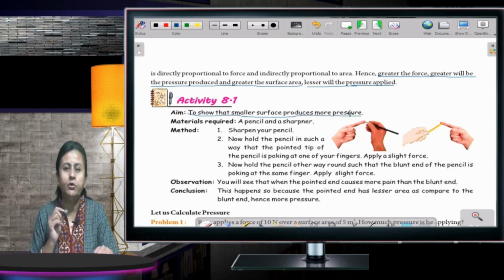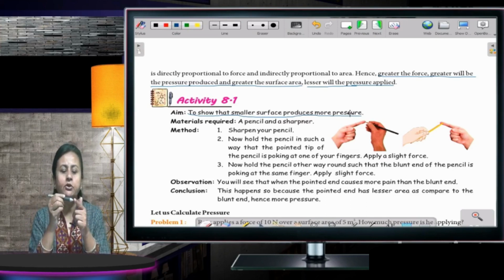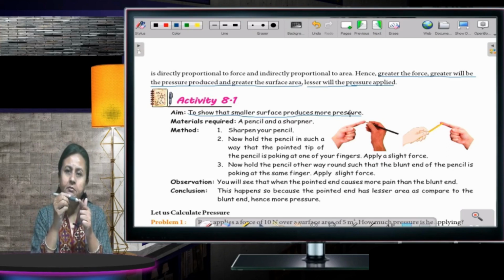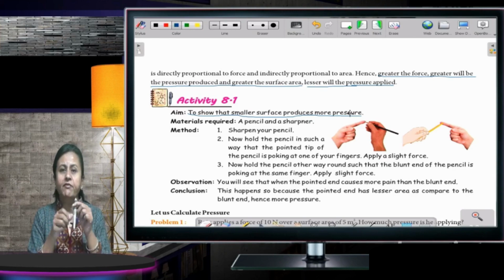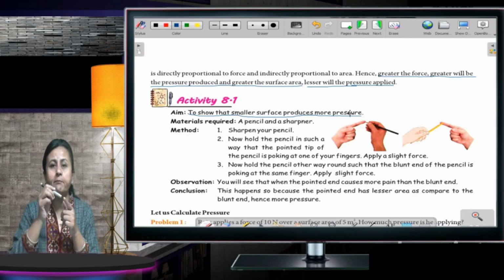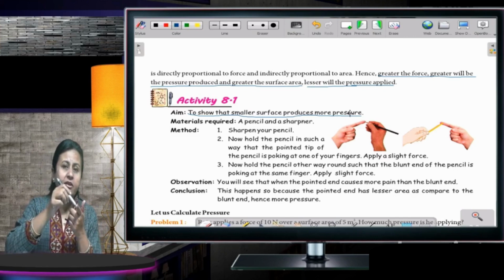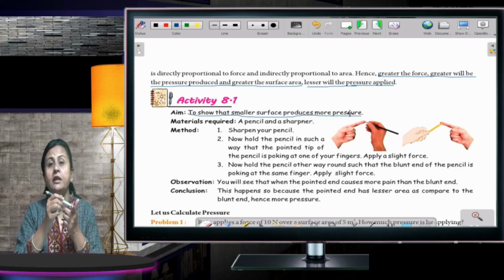Take a pencil, like I have got a pen in my hand right now. This is the pointed part. I will put it here and press it. I'm applying pressure to it. What will happen when I put pressure this way? I will feel pain. But if I take the pen the other way, where it is not pointed, and press on my finger, I will not feel much pain.